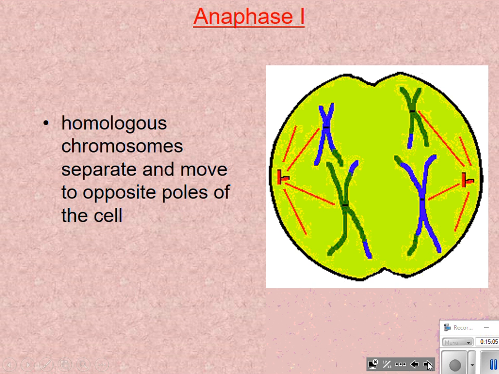So, we have this occurring. So go ahead and draw this as the next section of meiosis 1, anaphase 1. Now looking at this, okay, the homologs, the X's are being split.